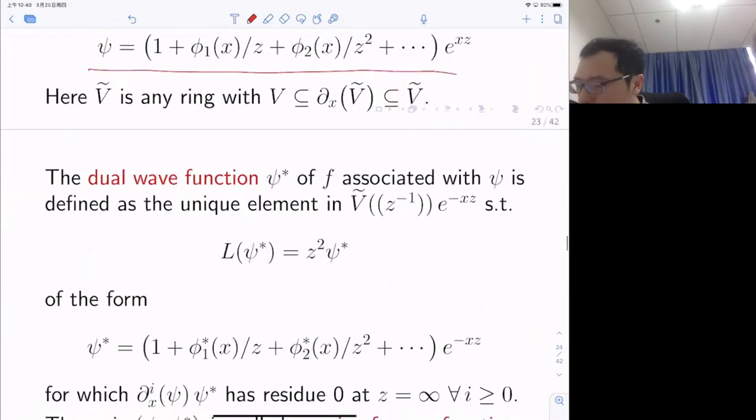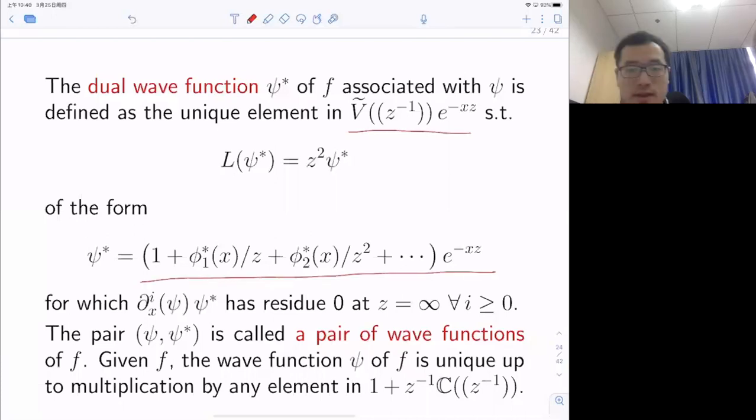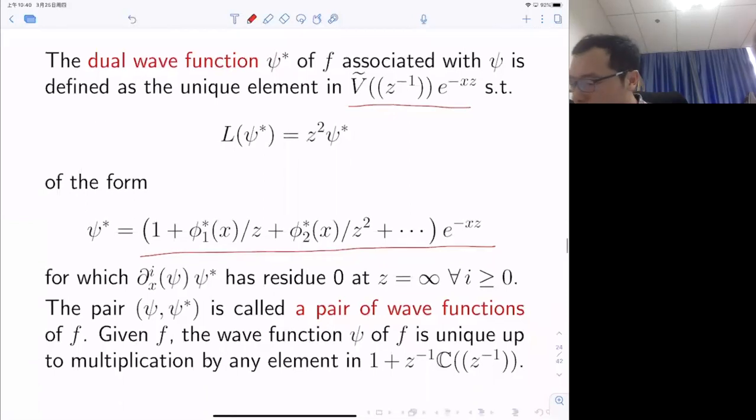So the dual wave function will be defined also as an element satisfying this linear Schrödinger equation, but now it is an element in this space, okay? Similarly to the wave function, it has this form. Because these are very standard objects in the system, we just do it quickly.